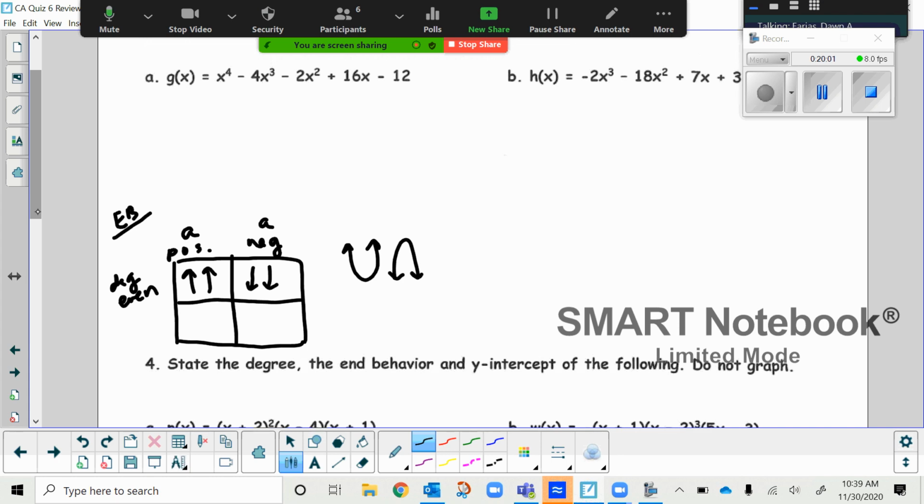Then if your A is positive, but your degree is odd, kind of like y equals x, that's an odd degree where the A is positive. Degree is even or degree is odd.